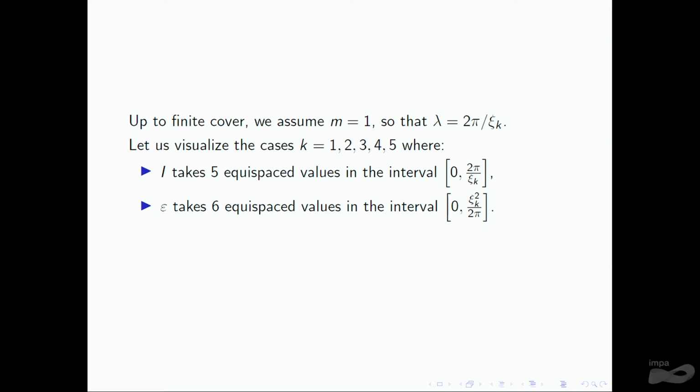And this means that now my variable was taking values in these circles with period lambda, which in this case is 2 pi over psi k. And this epsilon was living in this interval, psi k over lambda, which when I insert lambda is just this interval depending on psi k.